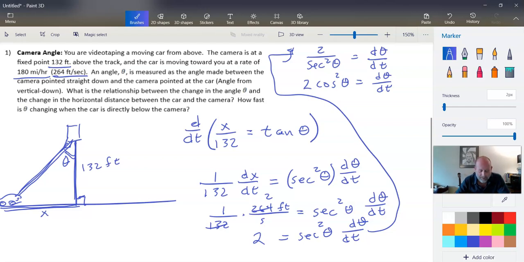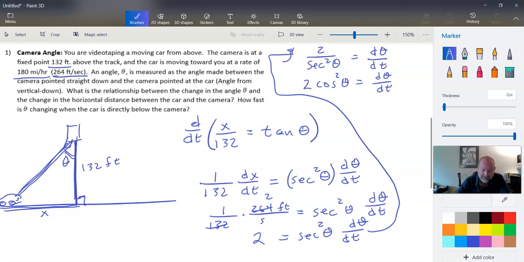Let's look back at what we were asked again. What's the relationship between the angle theta, the change in the angle theta, and the change in the horizontal distance? Well, we got that, no problem here. And then, how fast is theta changing when the car is directly below the camera? Well, if it's directly below the camera, what's the angle?